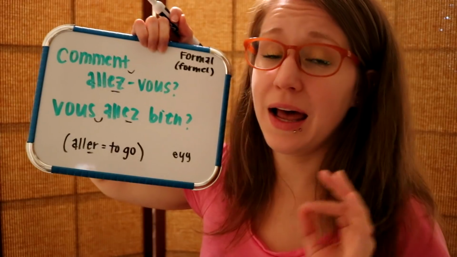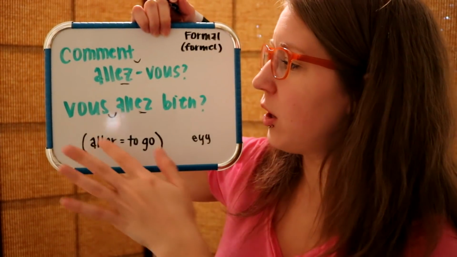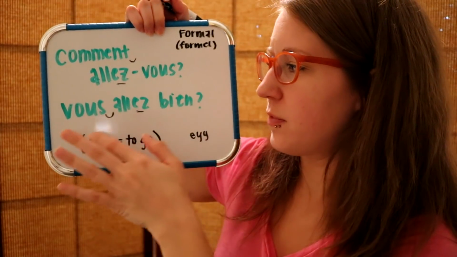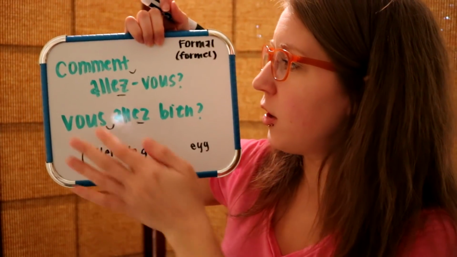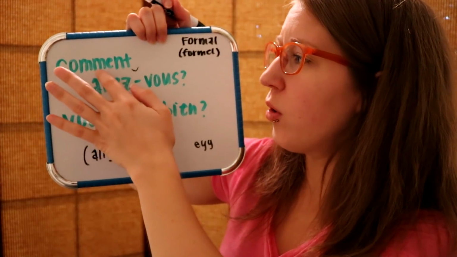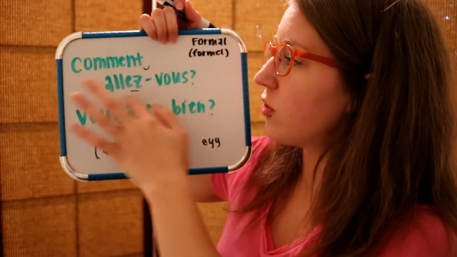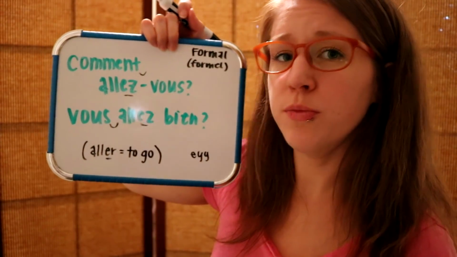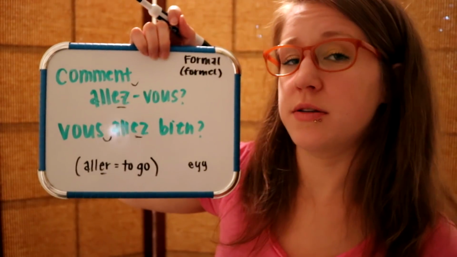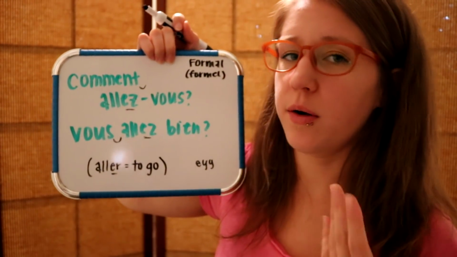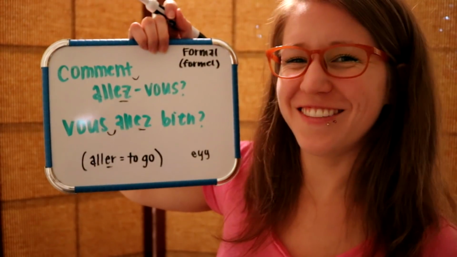There's no Z pronounced. So like things are going good for you, things are going well for you. Or how. Comment, remember, is our word for how. Comment allez-vous? So these are your formal ways to ask someone, how's it going? How are things for you? Are things good for you? That kind of thing.